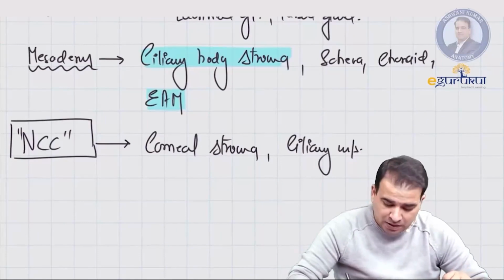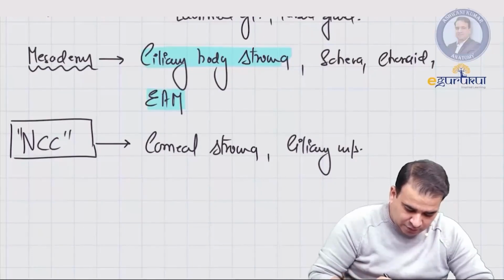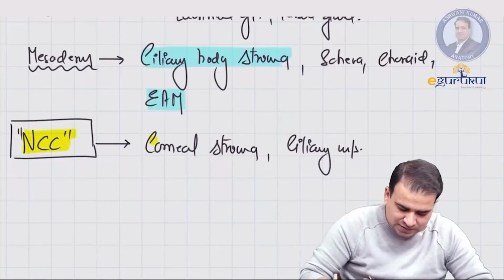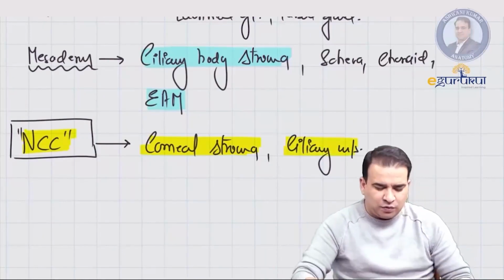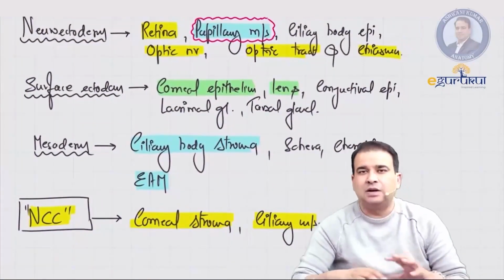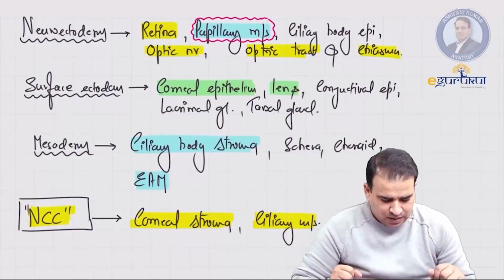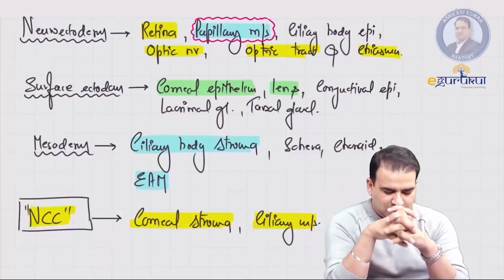From the neuroectoderm, but ciliary muscles are derived from the neural crest cells. That is important. Neural crest cells giving rise to corneal stroma and ciliary muscle. The ones which I've highlighted are the most important, and the questions can be expected more from these regions. So this is about the ocular derivatives, where they are derived from.